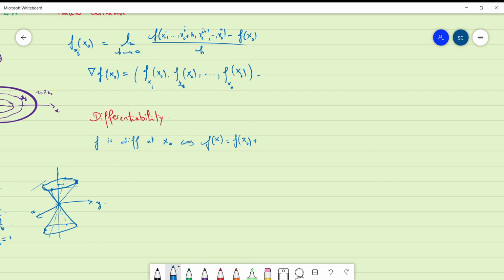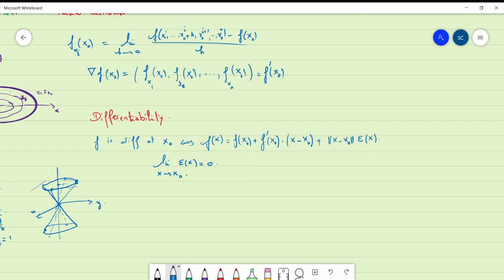This gradient vector we sometimes denote just f prime at x0. So let's keep the notation f prime at x0. Dot, there is a dot product here with x minus x0, plus a term of the form norm of x minus x0 times epsilon of x, with the limit of epsilon(x) equal to 0 as x approaches x0. When this writing is satisfied, we can say that f is differentiable.